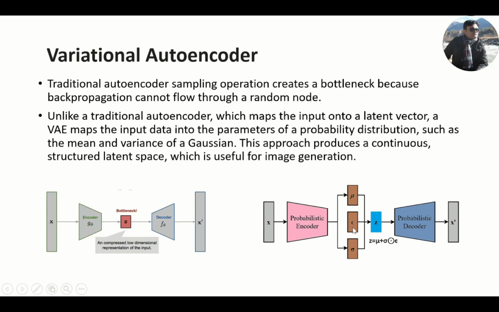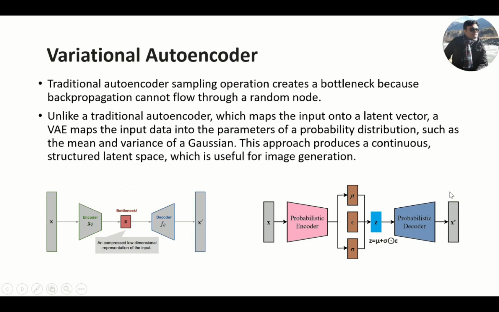This is the random noise to manage the randomness of G. And this distribution is helpful to do the sampling, and after sampling the data will be sent to the decoder as input. This approach produces a continuous structured latent space which is useful for image generation.